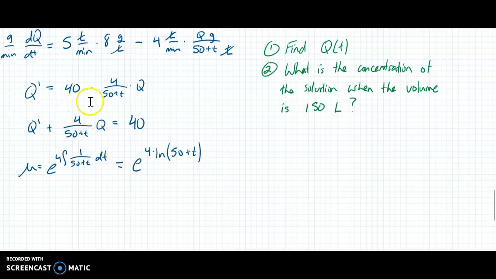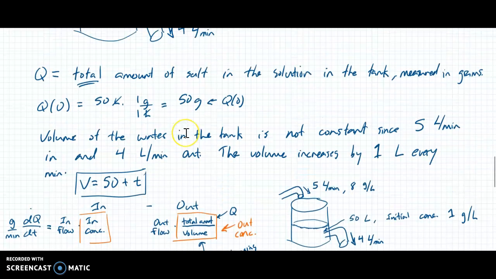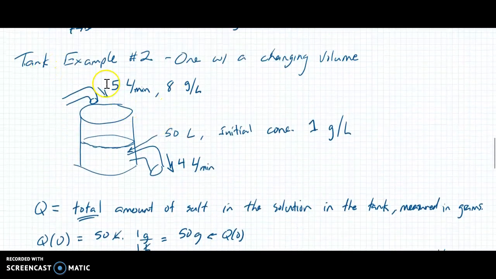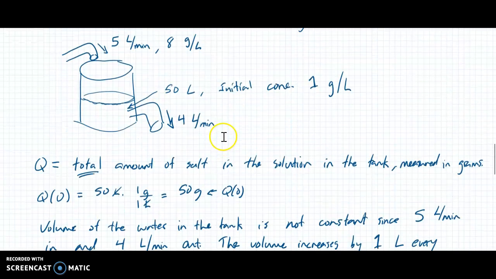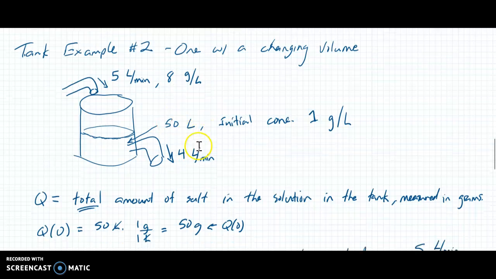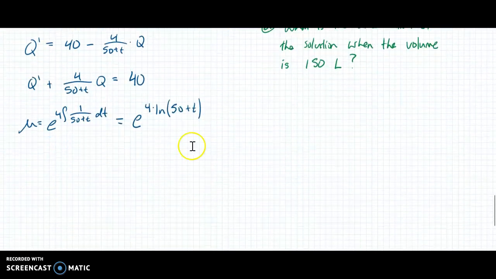Now, this is where I can break some rules. Usually I would want absolute values there. In this case, we don't really care, and we're not really applying this solution to time before 0. You could even say maybe we go back to time equals negative 50, but for our purposes, we're just looking at positive time.